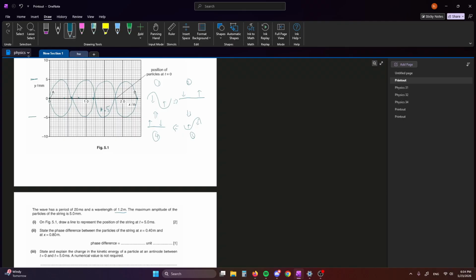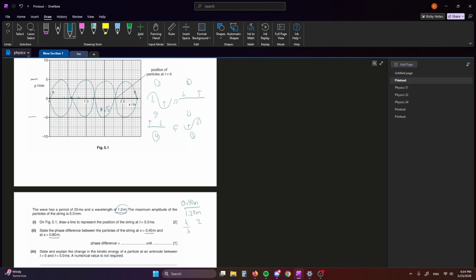So we have 0.4 meters and 0.8 meters at a total of 1.2 meters. So if we think about this in wavelengths, it's going to be 0.40 meters divided by 1.20 meters. So this is going to be a third of a wavelength.